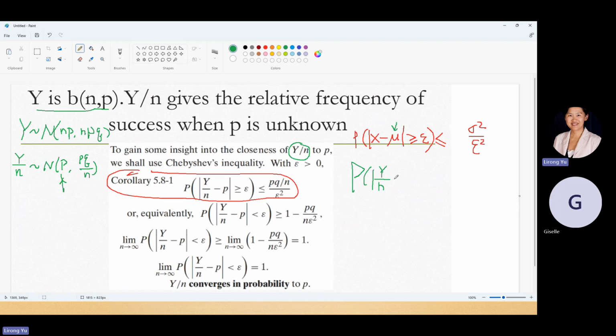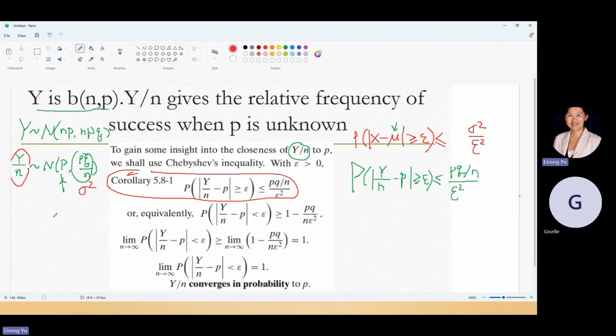So replace the mu by p, probability bigger than epsilon, which is less than... Here we're going to keep the epsilon squared in the denominator and replace the variance by pq over n. That's the connection, because that was supposed to be the variance for Y over n.